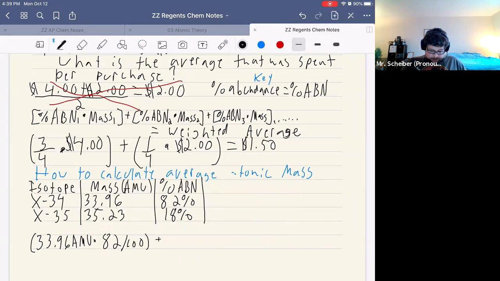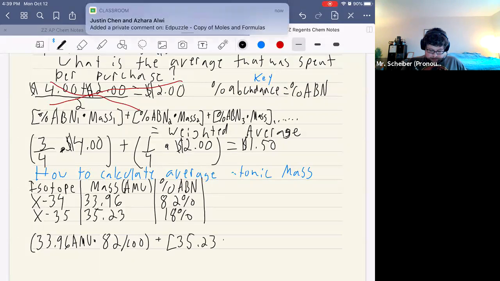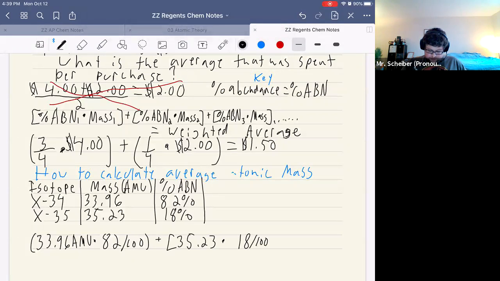Plus, our next isotope, 35.23 times 18 out of 100. And that's going to equal 34.19 AMU. So the average atomic mass of element X is 34.19 AMU.